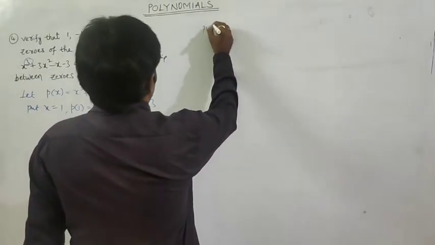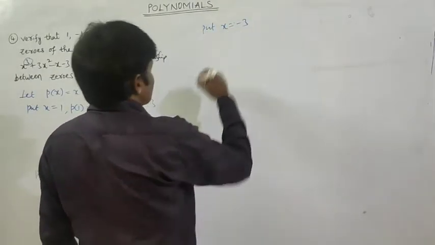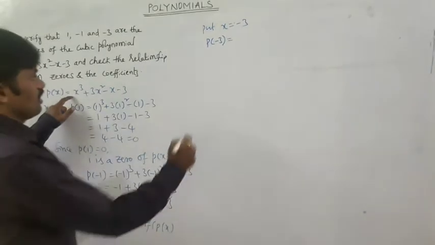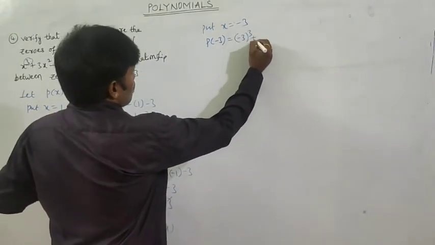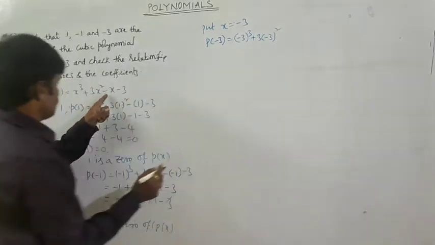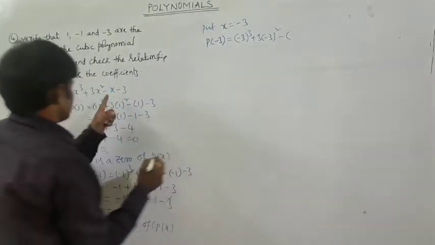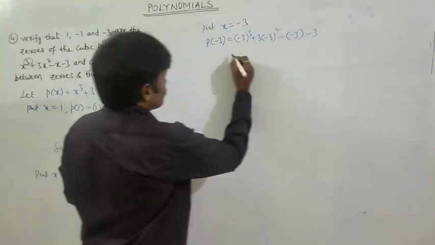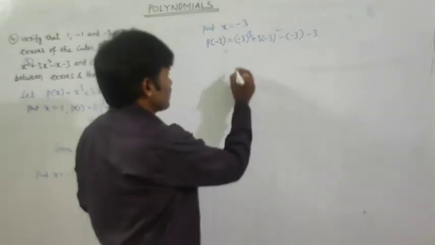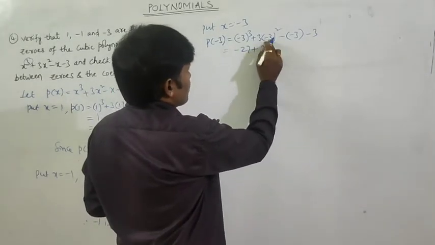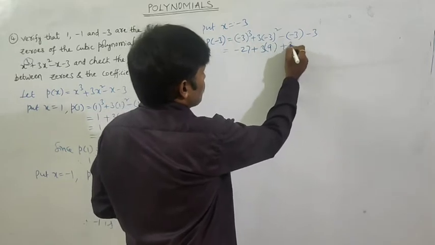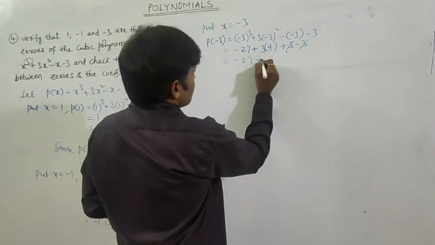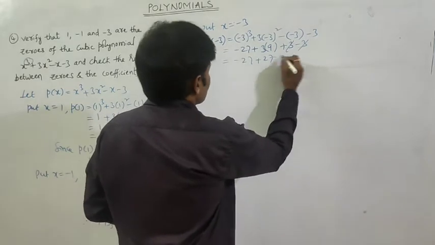Similarly, put x equals minus 3. Then p of minus 3 is equal to minus 3 whole cube plus 3 into minus 3 whole square minus the x value minus 3. Here is another minus. So it is minus 3 whole cube, minus 27, plus 3 into minus 3 whole square, value 9, plus 3, minus 3, which gives minus 27 plus 27, which is 0.